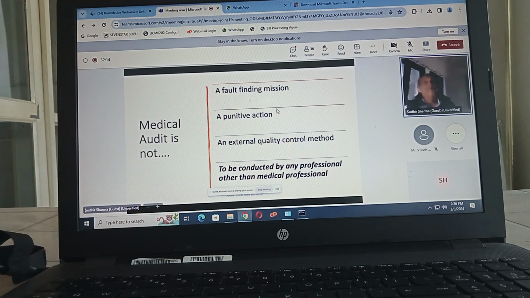It should not be taken as an opportunity to punish them, but it should be taken as an opportunity to train them so that they do not repeat the mistake ever again. It is not an external quality control method, it is an internal quality control method. And it is not done by anyone other than a medical professional, preferably of the same specialty.